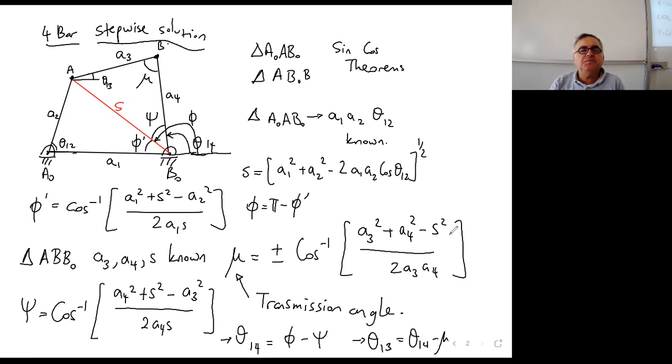But this kind of stepwise solution technique is possible, but it requires some intuition. Well, there is no general method for this, okay? You have to use, as I said, lots of trigonometry and properties of triangles in order to get the solution.